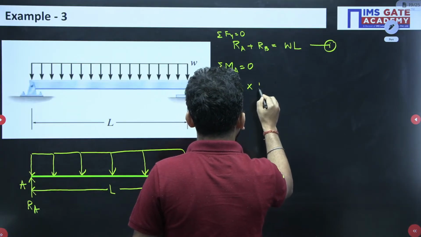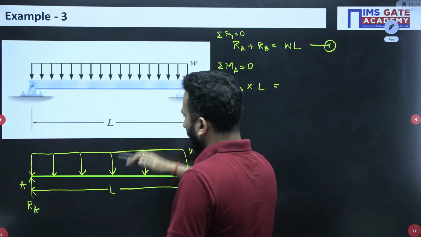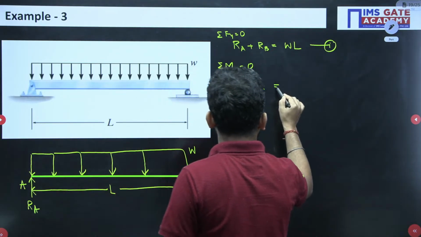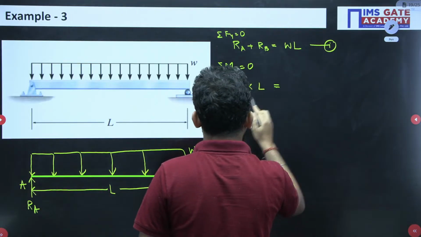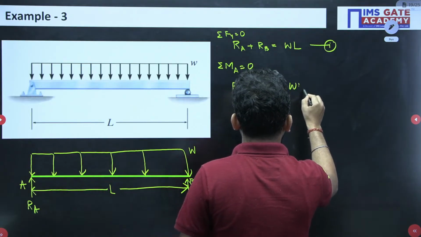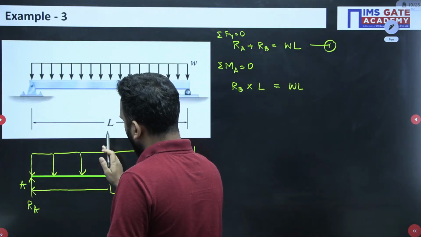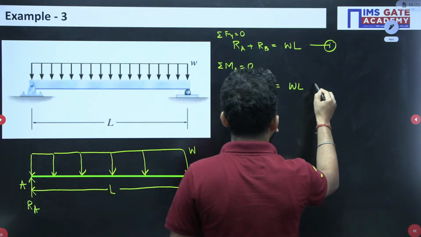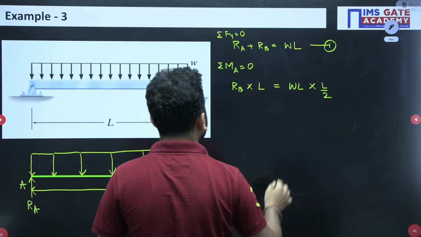into L. Since this is acting in the opposite sense, I am writing equal to the net magnitude of the force due to the distributed load, which will be WL, and it is exactly acting at the centroid. So that means at the middle, so the distance will be L by 2 from point A. Okay.